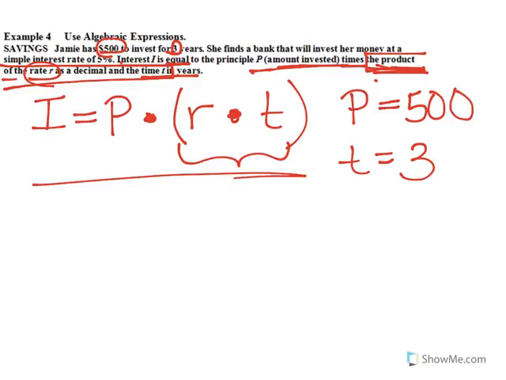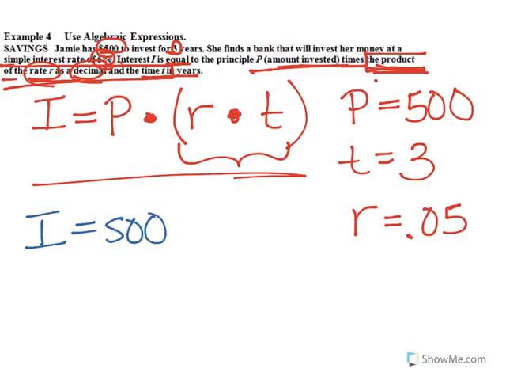And the simple interest rate is 5%. However, they tell you that the rate is as a decimal, so 5% is equal to 0.05. Very well, now we just plug in like in the last problem. So I is equal to 500 times 0.05 times 3.